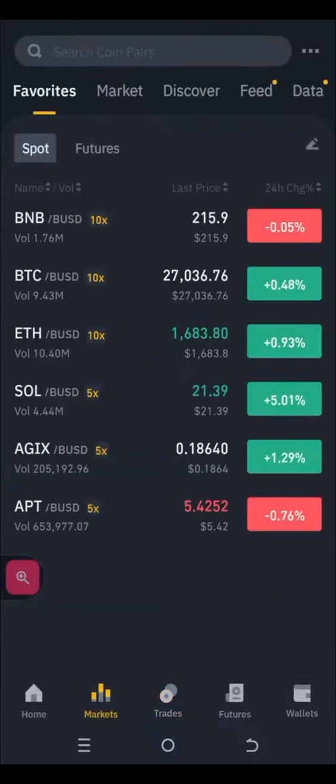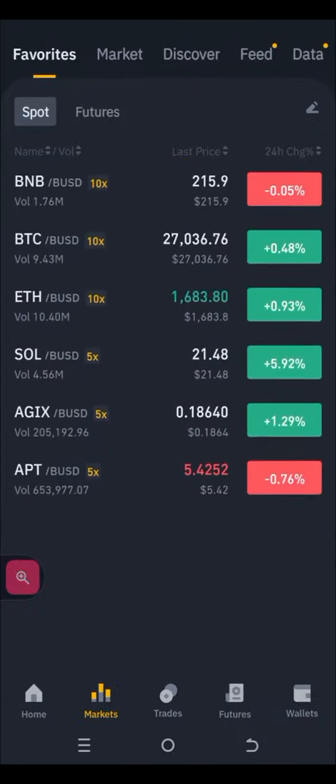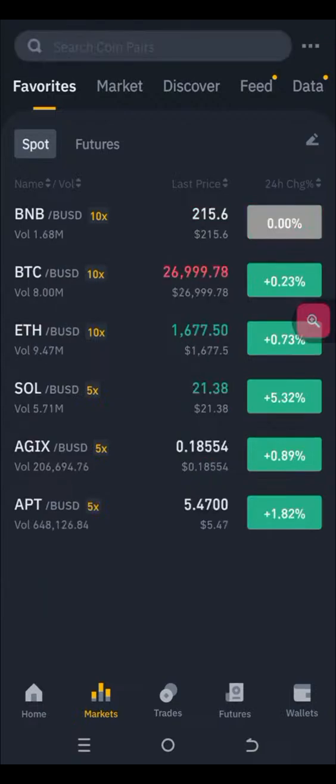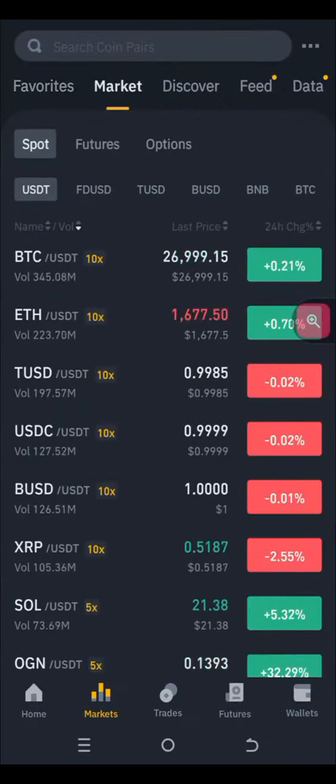There are so many kinds of markets, right? We have the USDT markets, we have so many, the BNB, the spot, the future. So we're on the spot market, right? Then you click on market. Now look at this. There are quite a number of markets here. We have the USDT market, we have FUSD, we have TUSD, we have BUSD, so many kinds of markets, right?